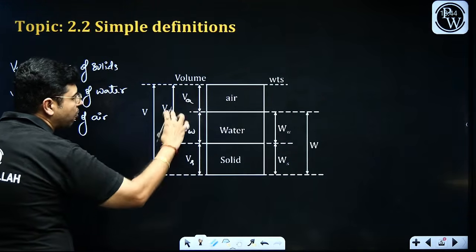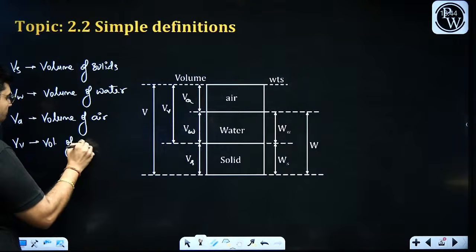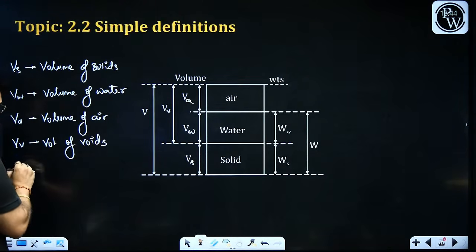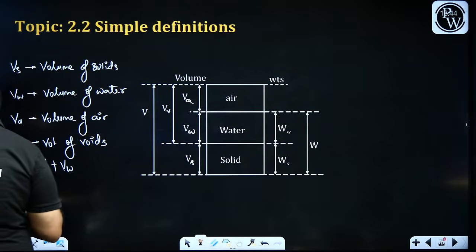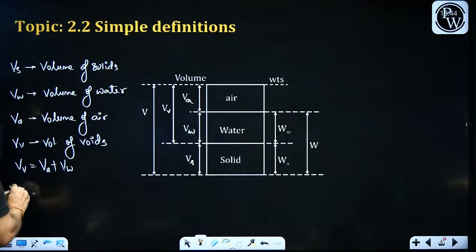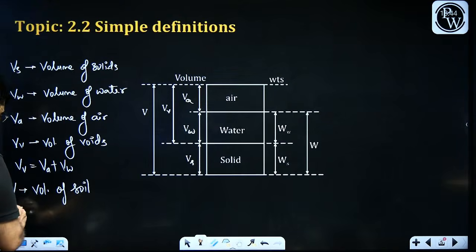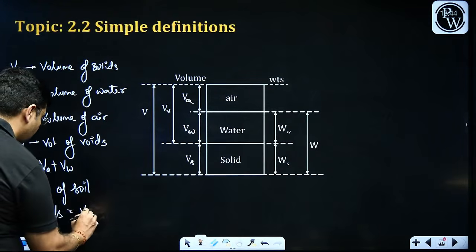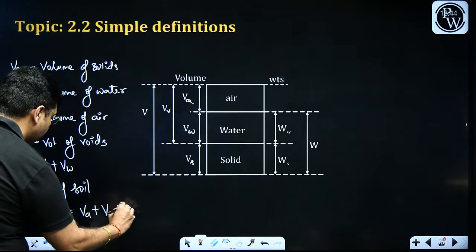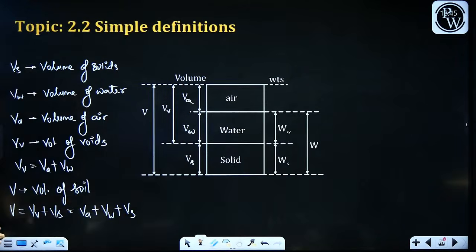So Vv is the volume of voids, where Vv is equal to Va plus Vw. And V is the total volume of soil, the volume of soil mass. V is equal to Vv plus Vs, that is Va plus Vw plus Vs. Simple. Total volume will be Va plus Vw plus Vs, or Vv plus Vs. We can write it like this also. Not a problem till here.